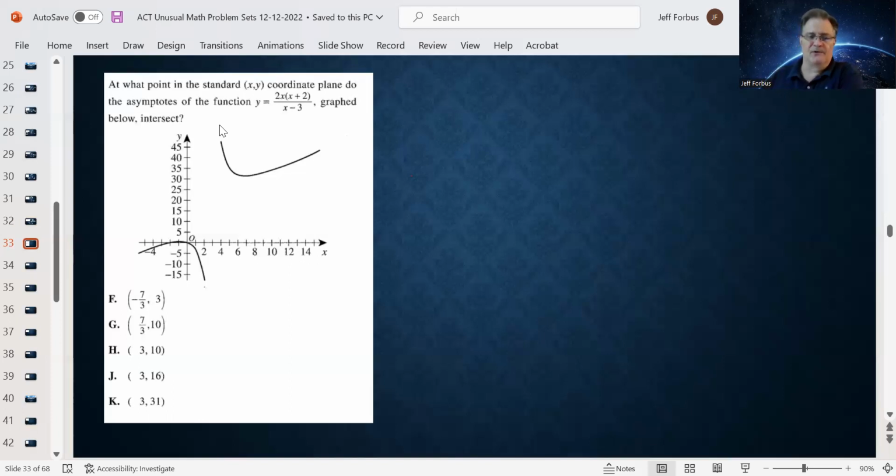But as you move forward in the courses, your teachers are going to talk about those asymptotes. In this case, we can visually draw in our asymptotes to quickly predict what this answer is going to be.